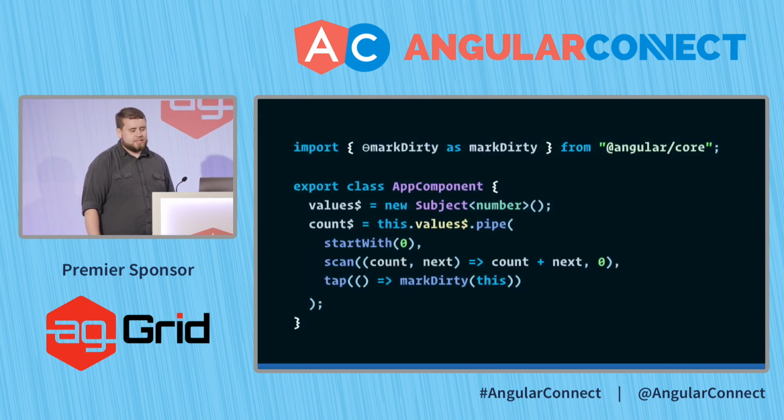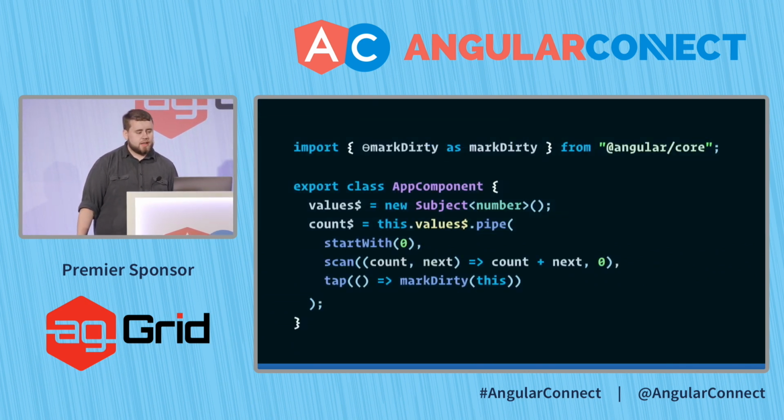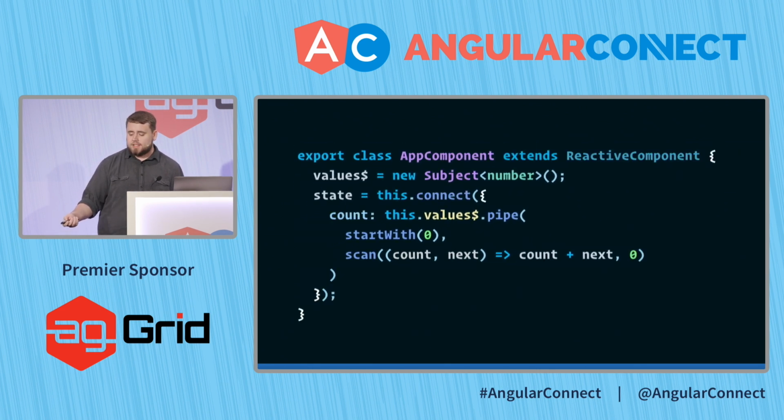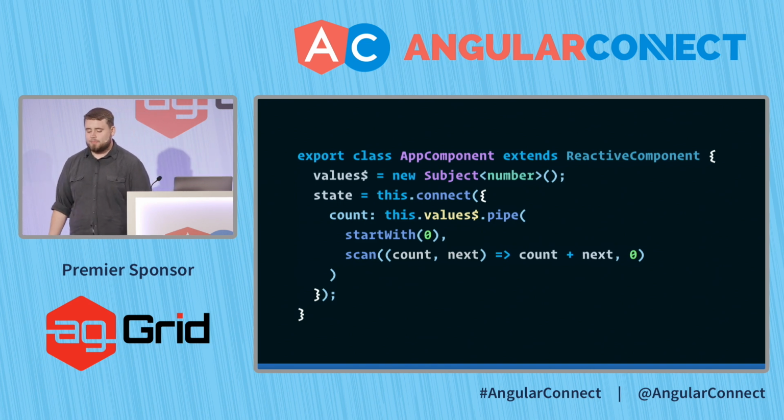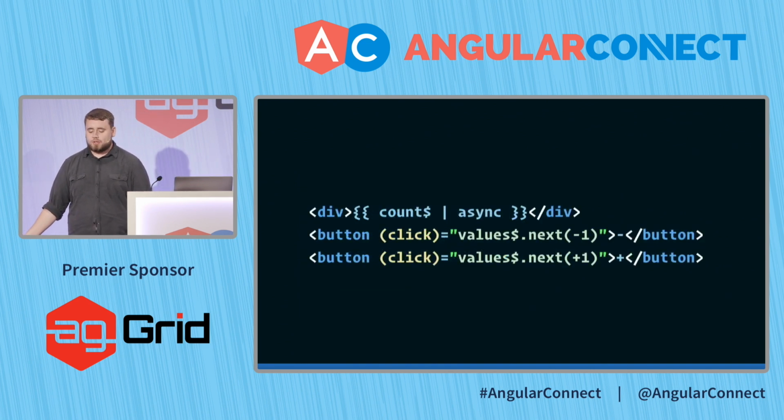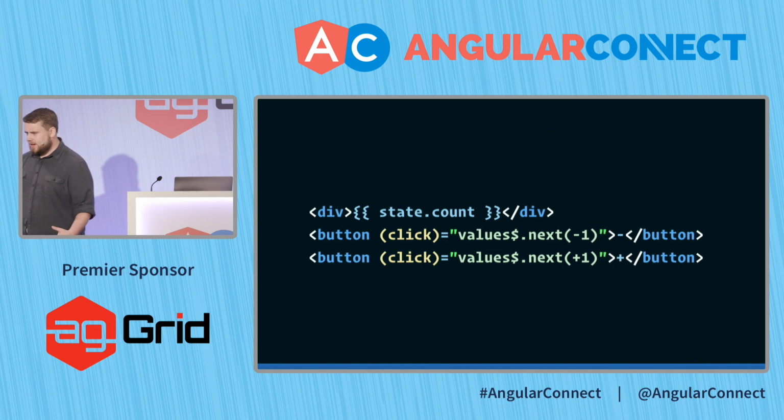So now that we have an implementation, we can go back to our component, and we can now go ahead and remove the import to MarkDirty, and instead extend our new higher order component. Now that we're extending ReactiveComponent, we have access to these state values, and the subscriptions are being managed for us. So we can go back to our template now, rip out the async pipe, and just use state.count directly. Everything's looking really great.